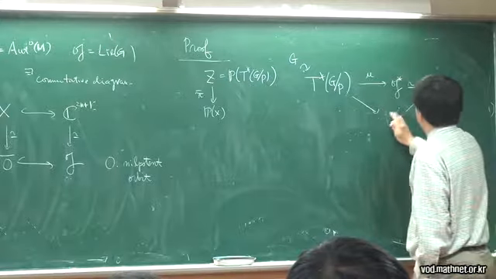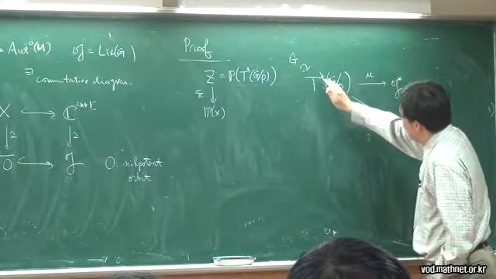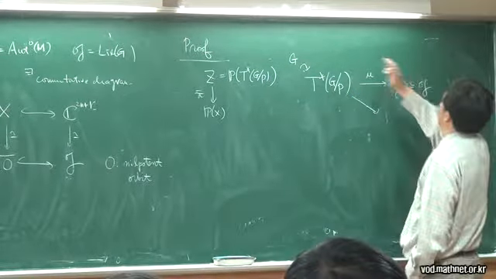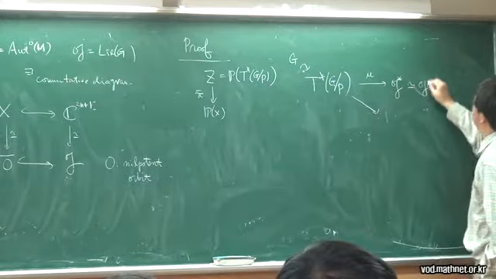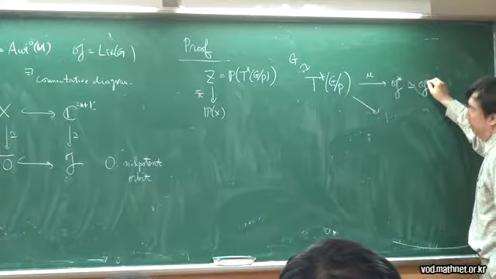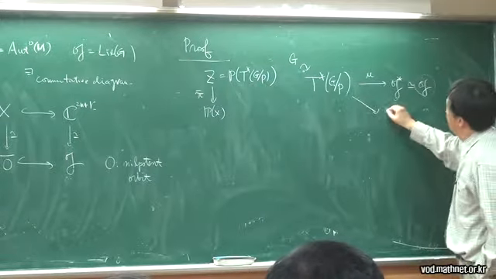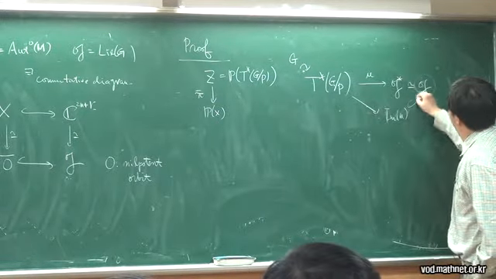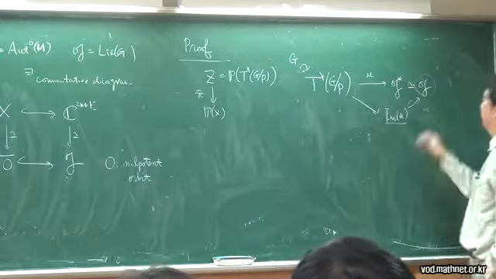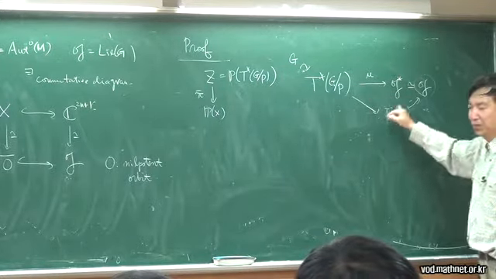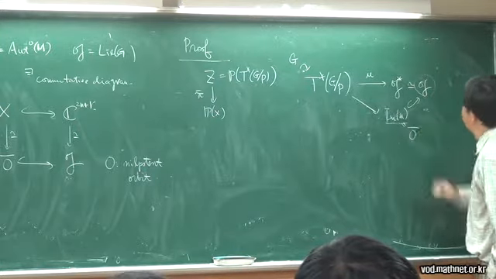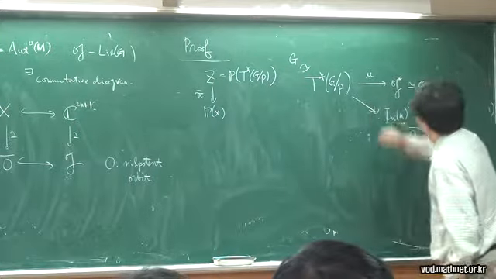This has a natural G action, here an adjoint action, and the image of this map is some G-variety, and it is the closure of some nilpotent orbit. Take this, and this is surjective.